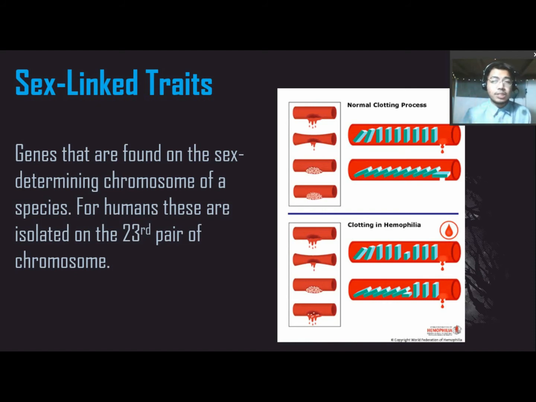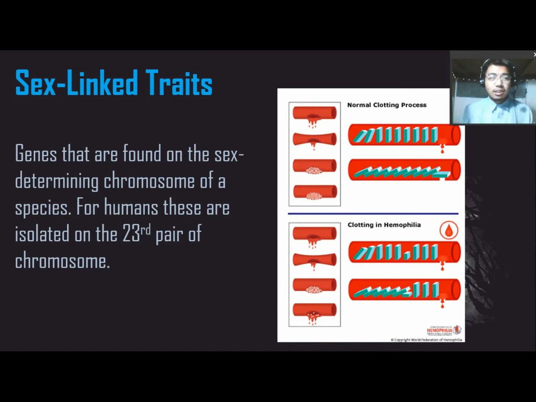While for the females, for them to have hemophilia, they should actually possess homozygous X on their genes. And I am going to attach more discussions related to hemophilia on our Google Classroom for this particular discussion.